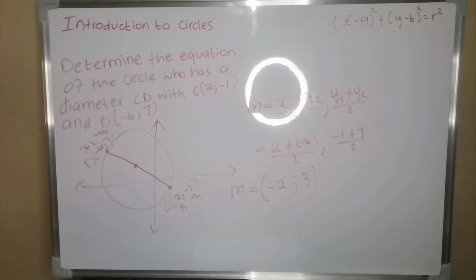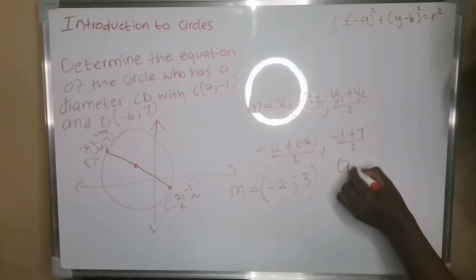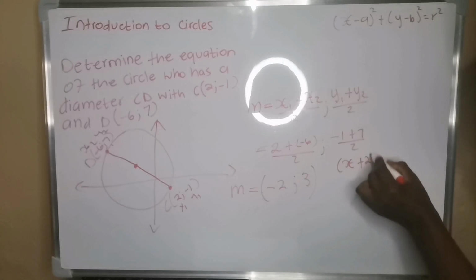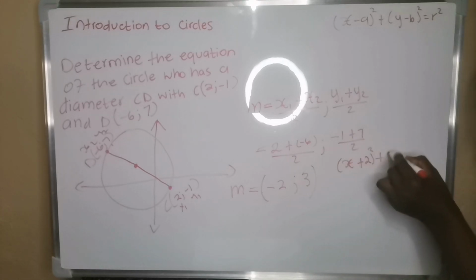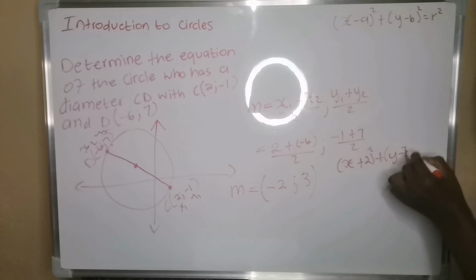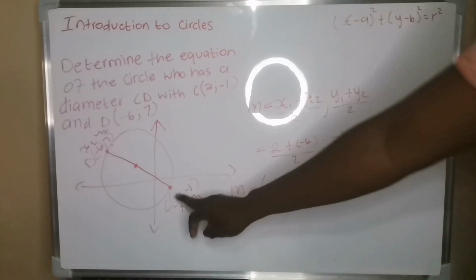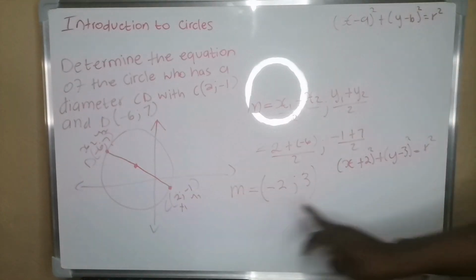Now let us write our equation again. We've got (x plus 2) squared plus (y minus 3) squared is equal to r squared. You don't have r squared. How can you find r squared? We use either of the two points, plugging in where you see x and y.